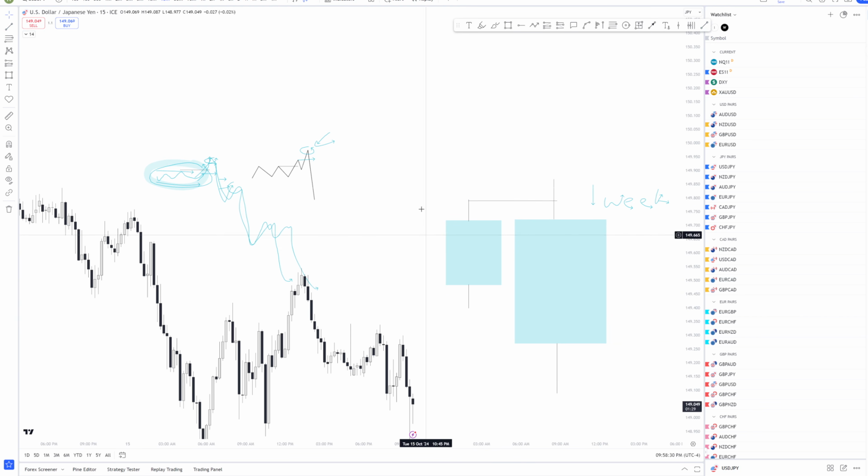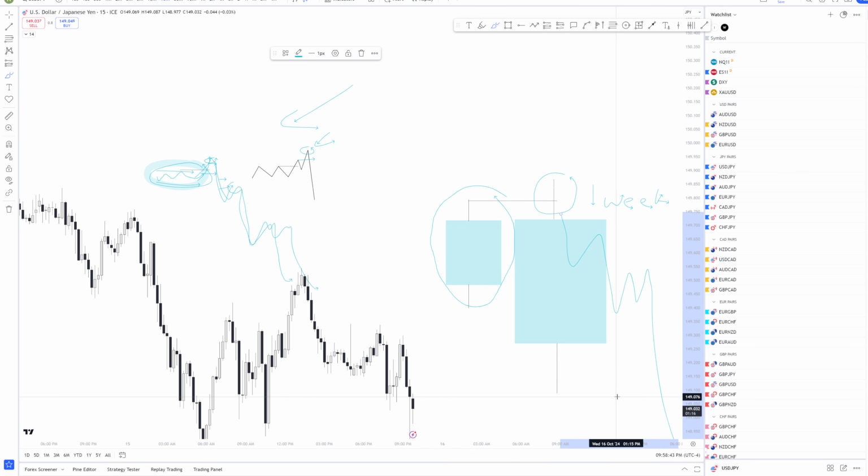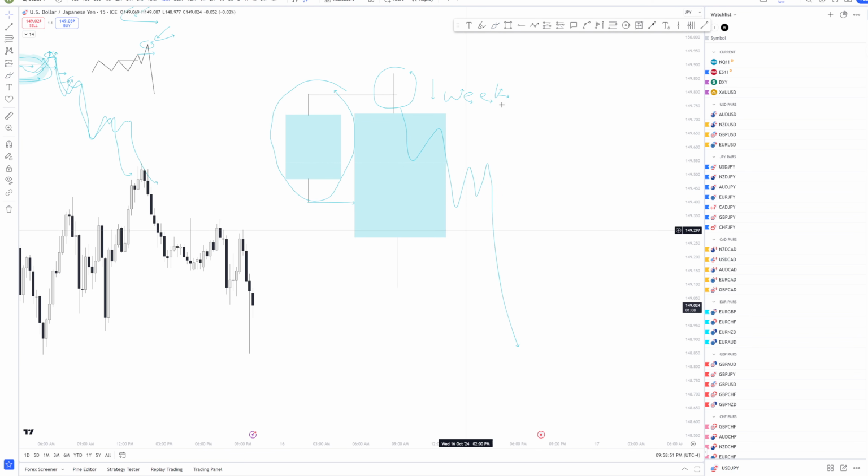So what this looks like on the lower time frames is this right here: accumulation, manipulation, which is the wick, and distribution, which is price displacing lower. As we see this, we want to see price close below the previous candle low. Now, as we continue bearish, we follow the same sequence.